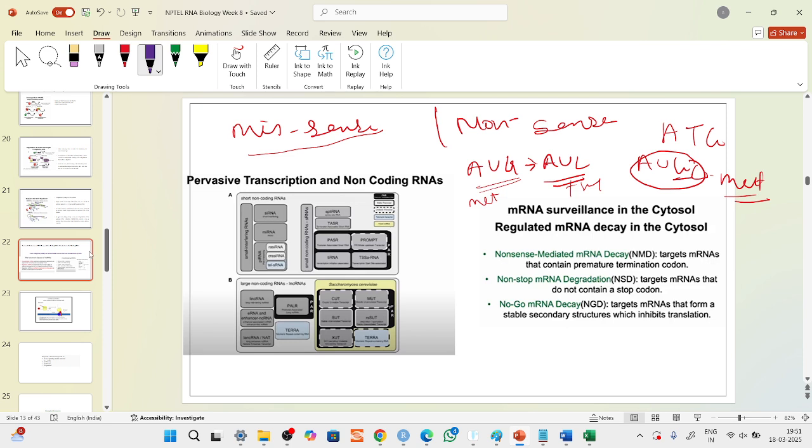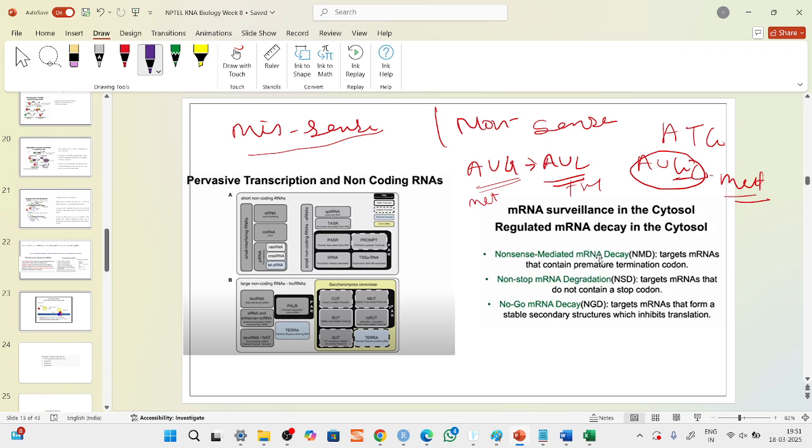Now here comes the nonsense mRNA decay. Nonsense mRNA decay means that if a nonsense mutation has occurred in some mRNA, that mRNA is marked and targeted for nonsense mediated mRNA decay.